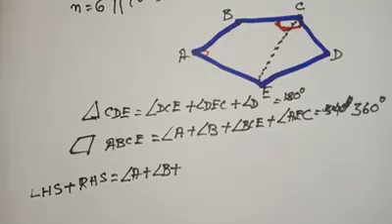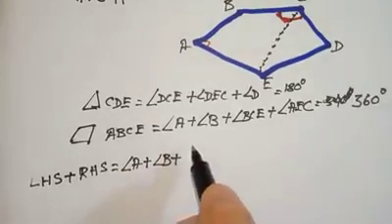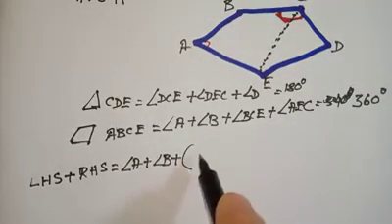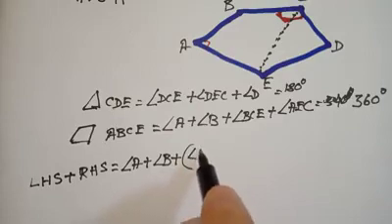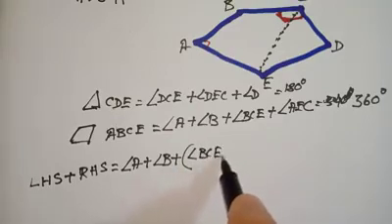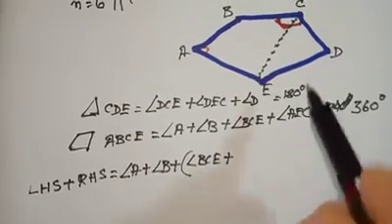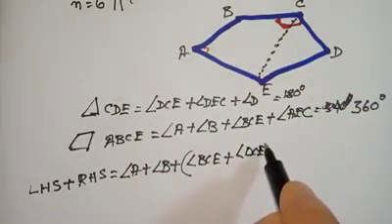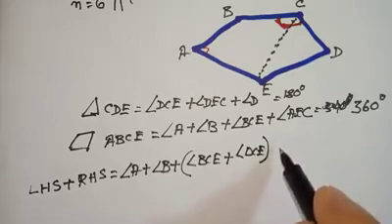So let me write it in this way. I put a bracket over here so it becomes clearer for you. Let us write angle BCE plus angle DCE, this angle DCE, which actually is the angle C. So we write it as angle C.